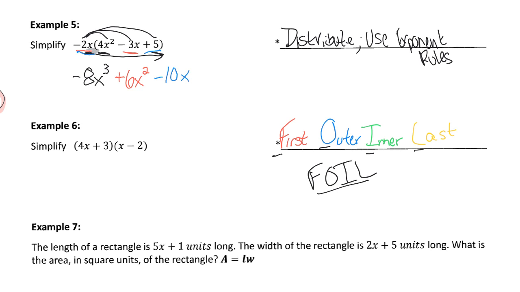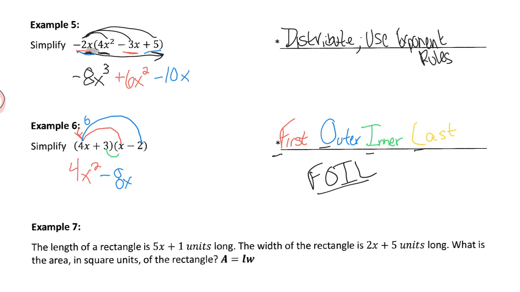Okay, and what those really stand for: first means we take these first two numbers and we multiply them. So we're going to multiply 4x times x, and that gives us 4x squared. Then we're going to multiply our two outer numbers. So 4x times negative 2 is negative 8x.